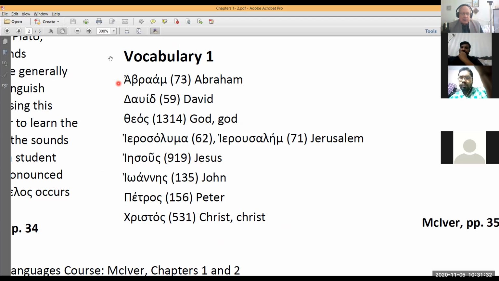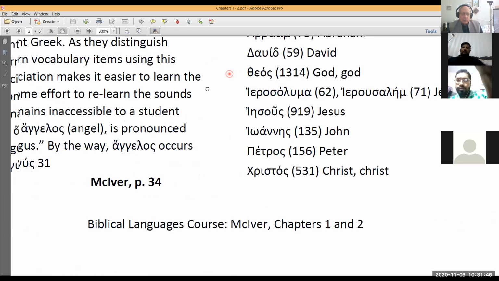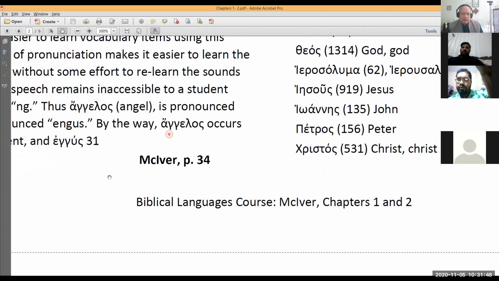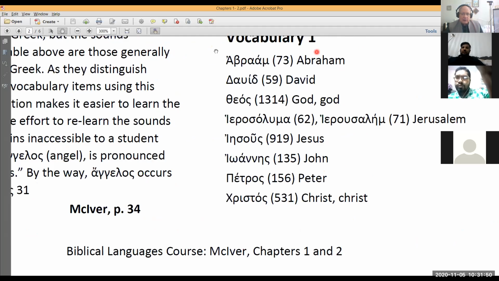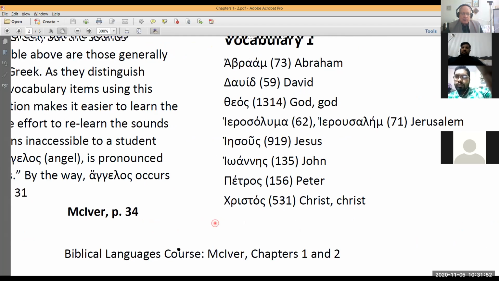So at the end of each chapter, you have vocabulary and you have exercises. Often in the homework, I will give you exercises. I'm not giving you exercises from chapter 1. That will not be your homework. But this will be your homework, to learn this vocabulary.